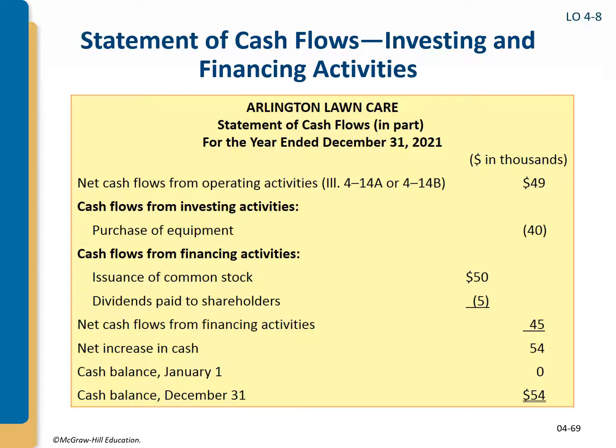That should equal the balance at the end of this year on our balance sheet, 54. So we show how cash changes according to our major functions of any business: operating our business, investing, and financing it. And those are your typical items that would be in each category.